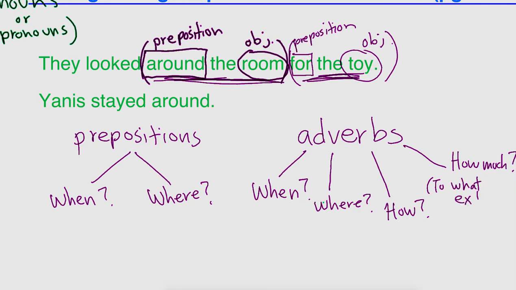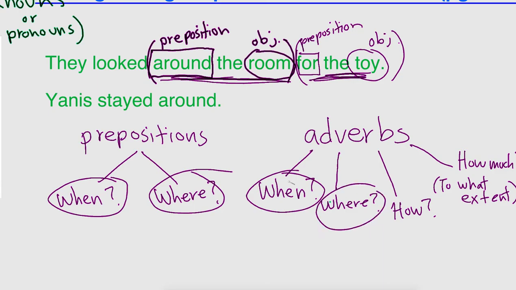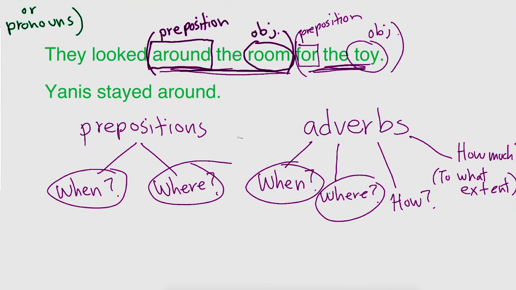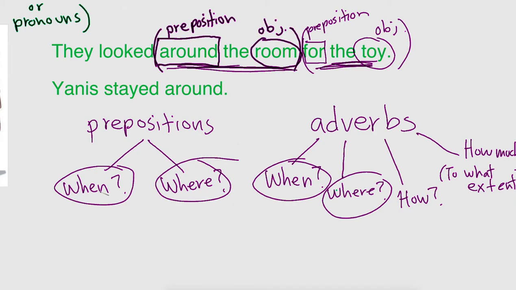So both prepositions and adverbs answer where and when. That's what they have in common. In this lesson, you're trying to figure out if a word is a preposition or an adverb. Usually these are words that answer when and where.